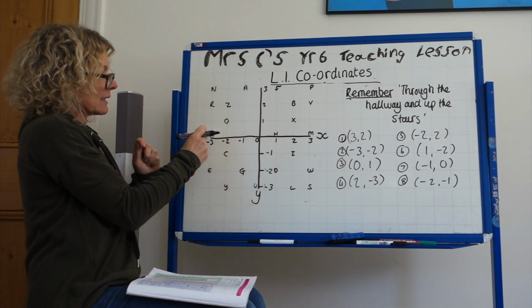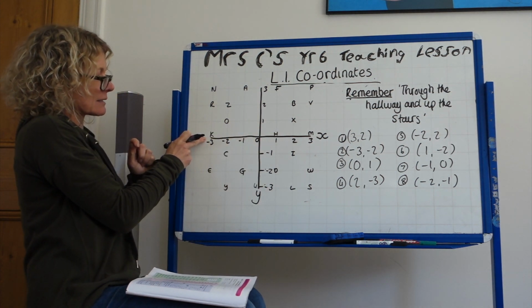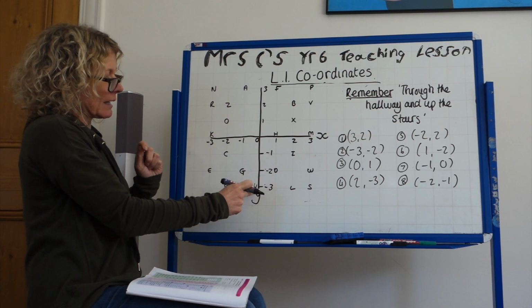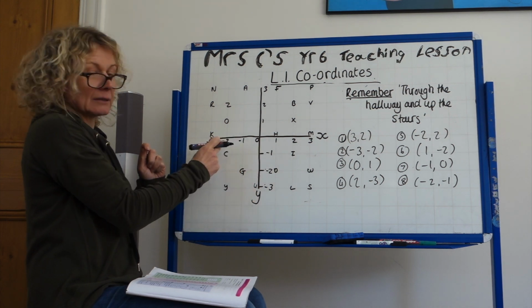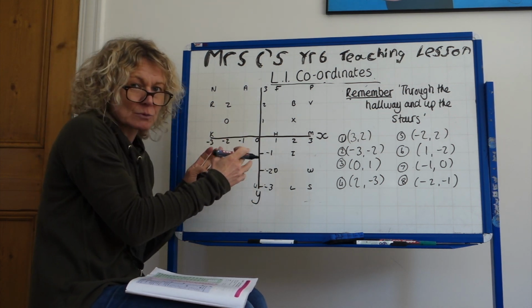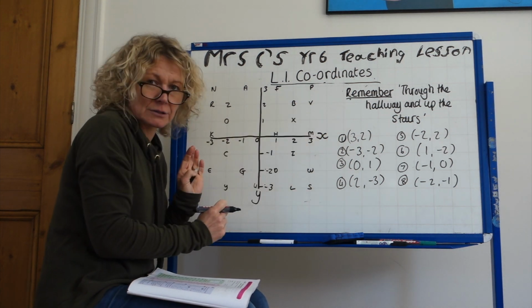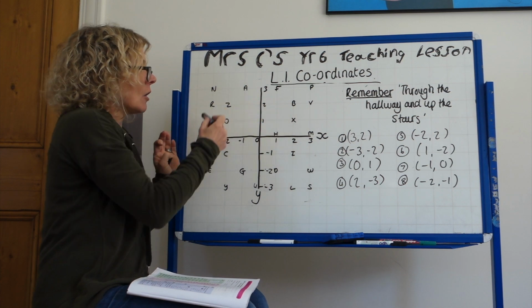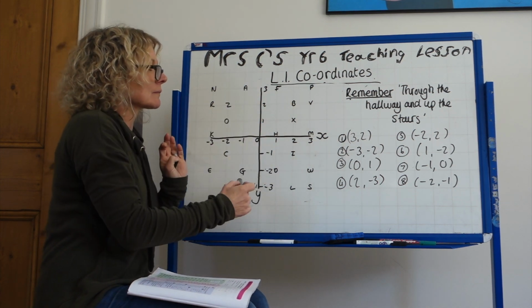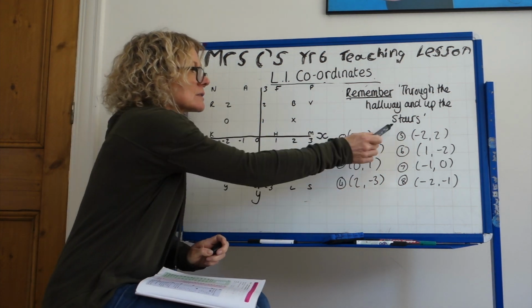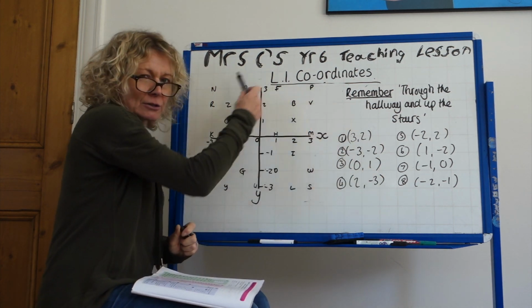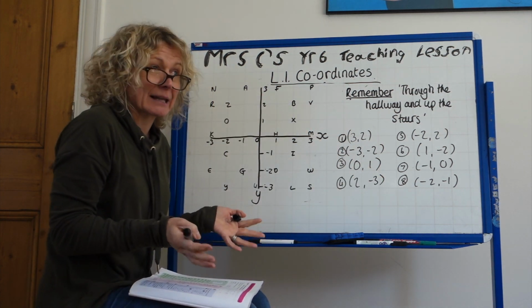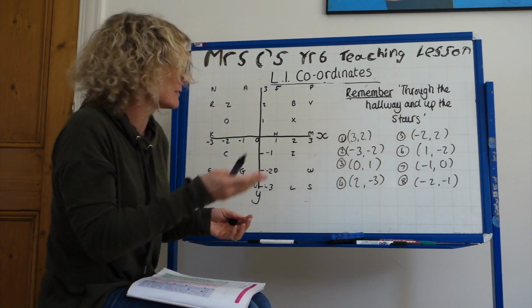So if you look closely at this part of the x-axis and this part of the y-axis, they are negative numbers. So that's what gives us the 4 quadrants, okay? So I've marked up some letters on this graph, and these are the coordinates that will find you those letters. So it's basically a bit like being a pirate, finding the treasure.